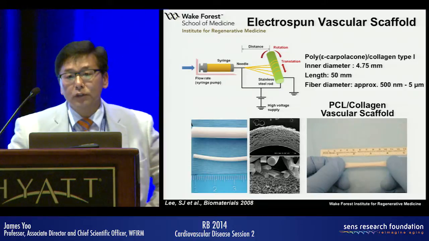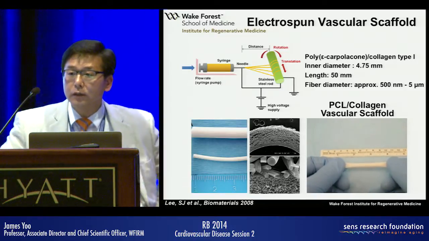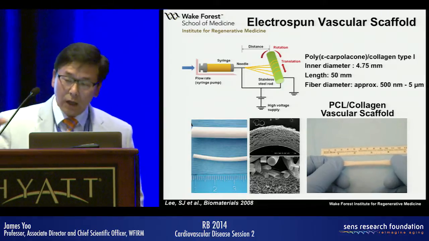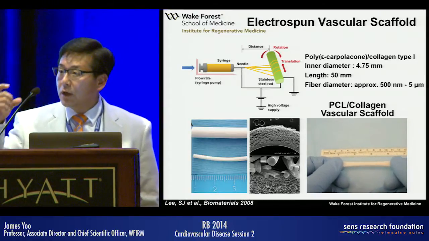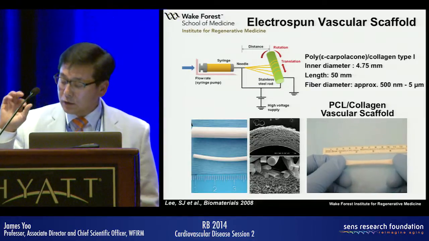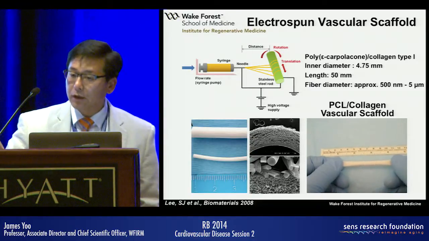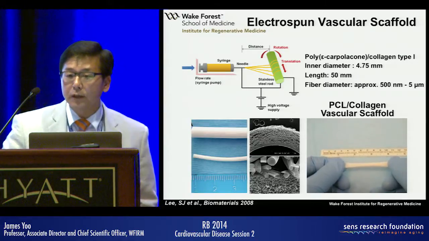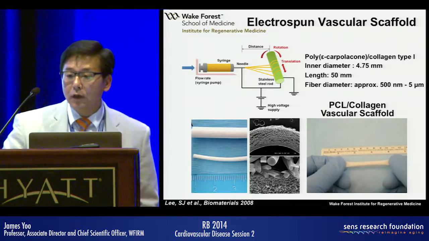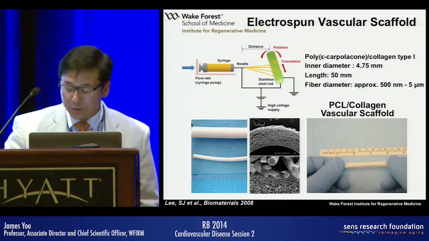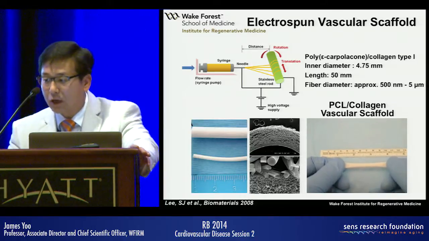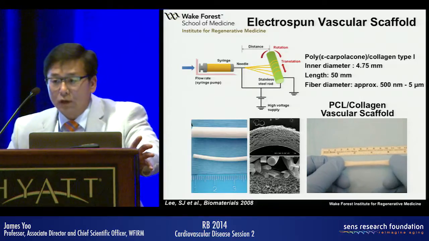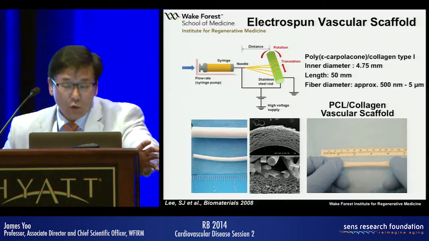However, using a native tissue as a scaffold is sometimes very limiting because it is very difficult to get the right size caliber and right size length. So we decided to develop a synthetic biomaterial combined with naturally derived substance and make it more consistent so that you can fabricate and manufacture it in a more consistent manner.